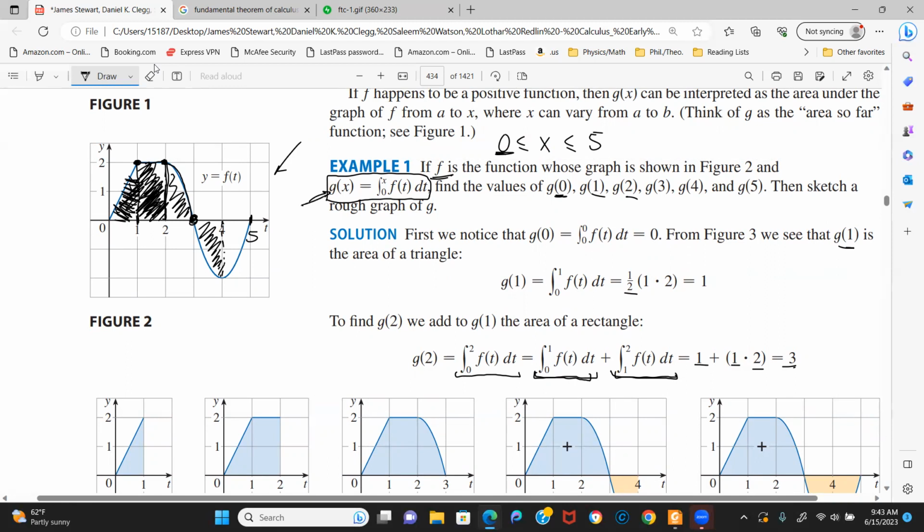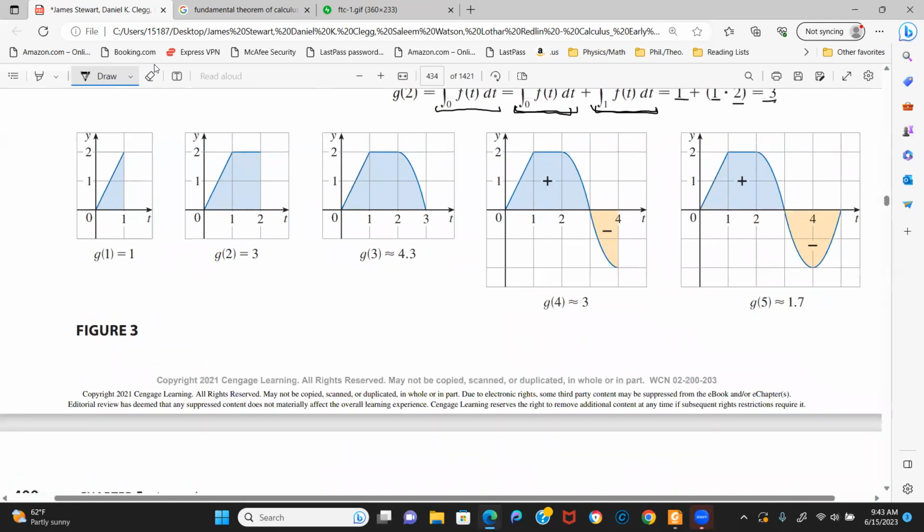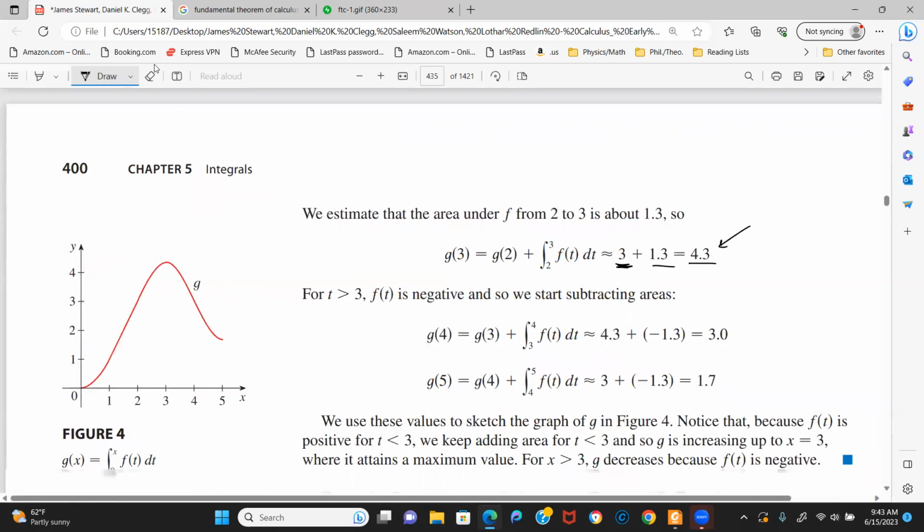If you plot g of x, I don't know if they plot g of x. This is just what area you trace out at specific x values, but it doesn't look like they plot. Oh yeah, here's the plot of g of x.